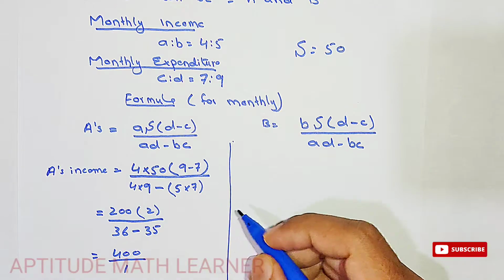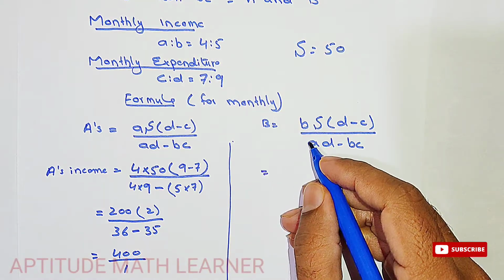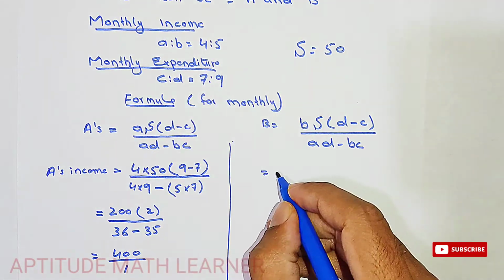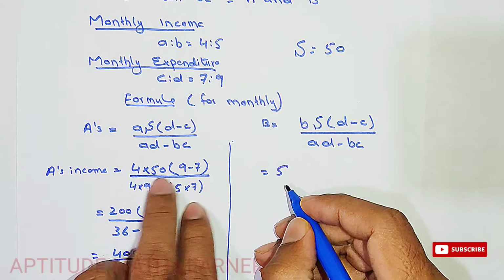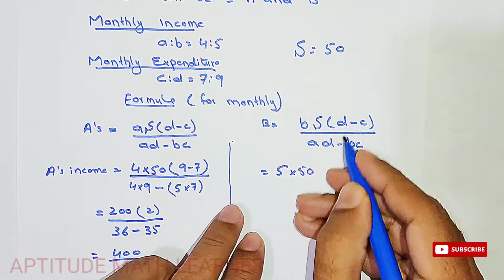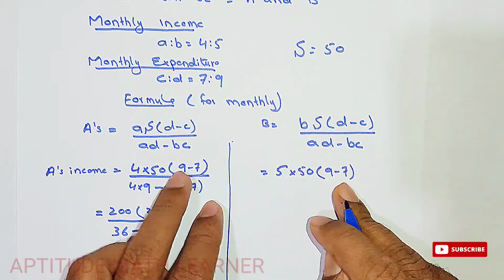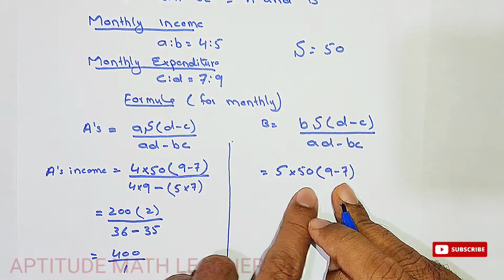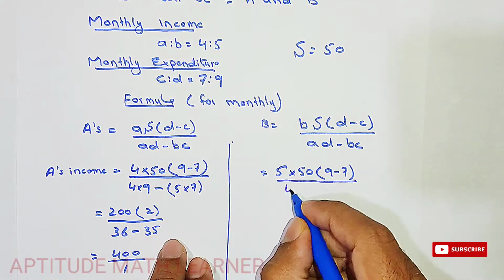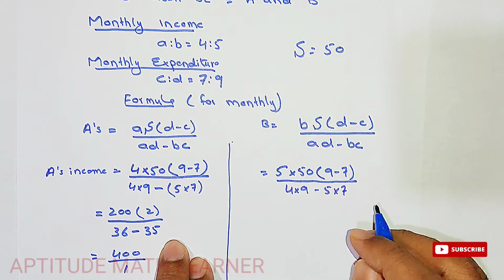Now if you want to find out B, everything is the same. The thing which we have to change is only and only B. So B here is 5, but other things are the same. 5 multiplied by 50, this is saving, and D minus C, that is 9 minus 7. So these are the values we are putting upon 4 multiplied by 9 minus 5 multiplied by 7.